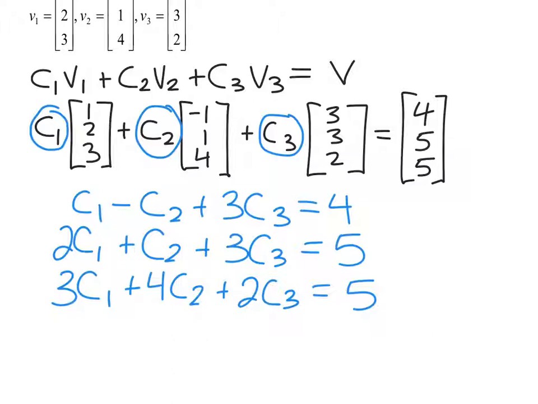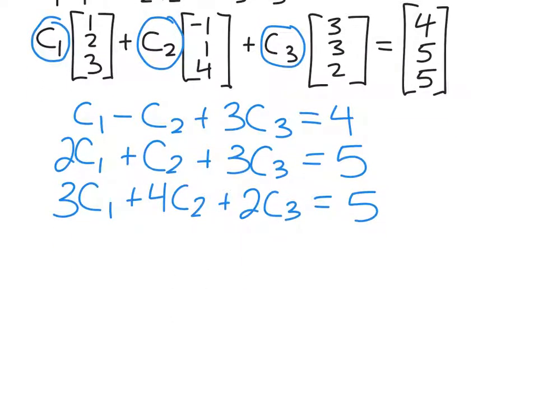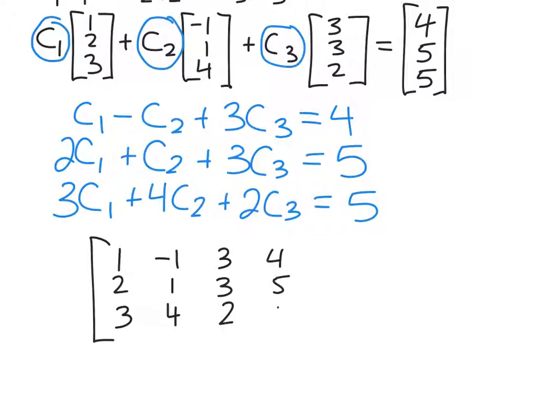So what we did was we simply took the coefficients that we saw here, 1, 2, 3, negative 1, 1, 4, 3, 3, 2, and 4, 5, 5, making the augmented matrix. So we had the coefficient matrix, and then the 4, 5, 5 makes the augmented matrix. And then we'd work off of that.